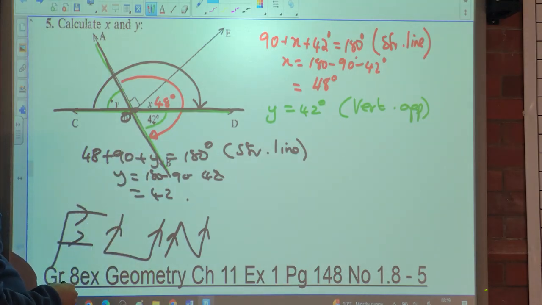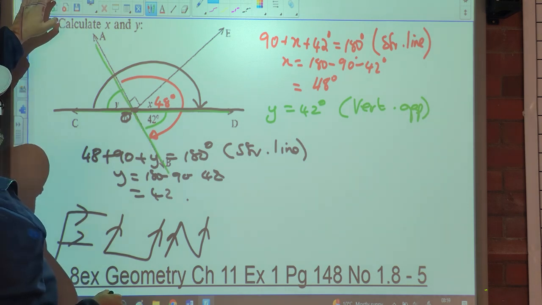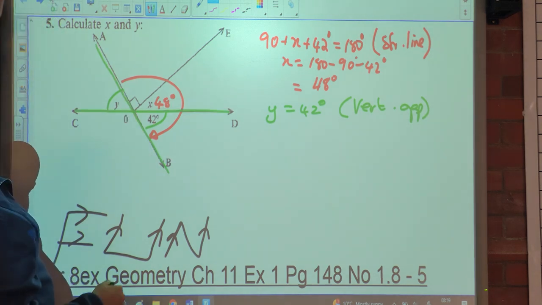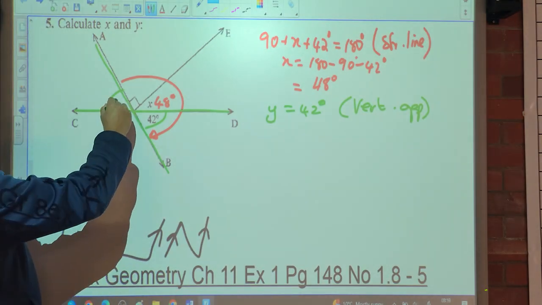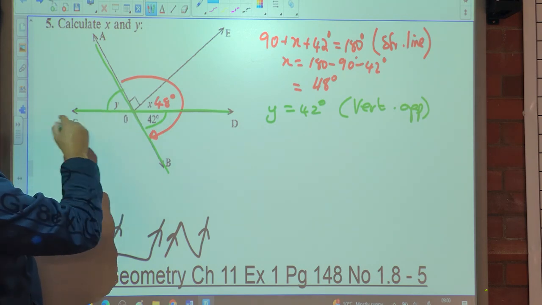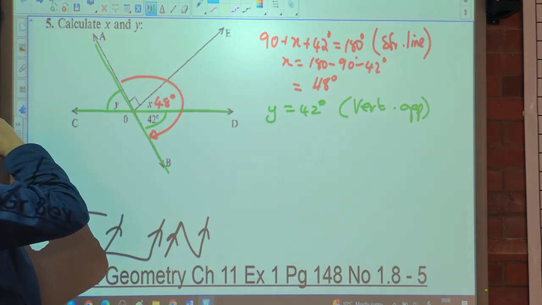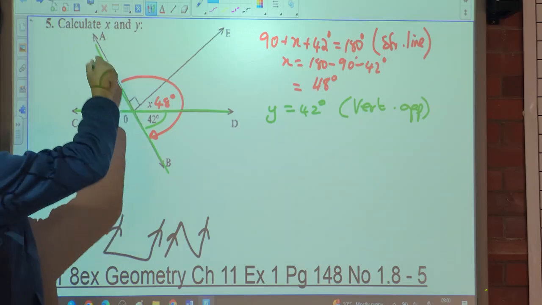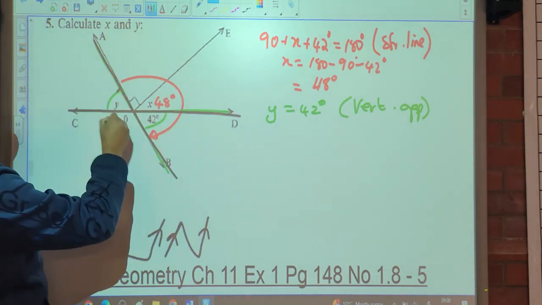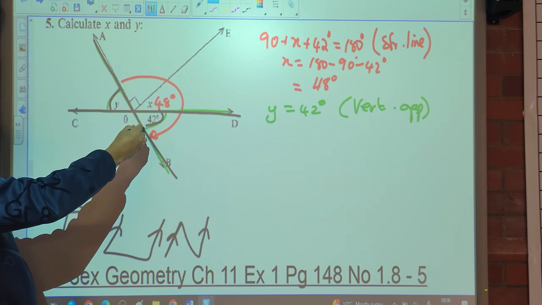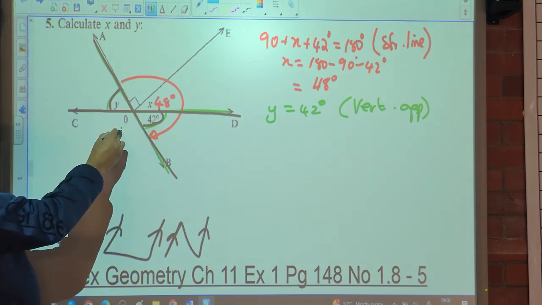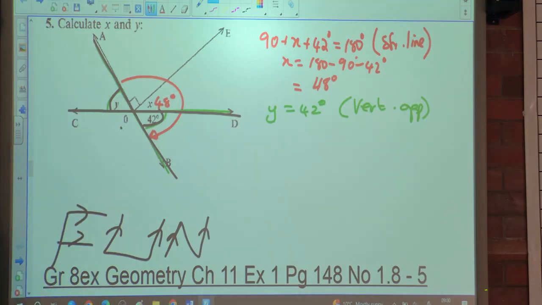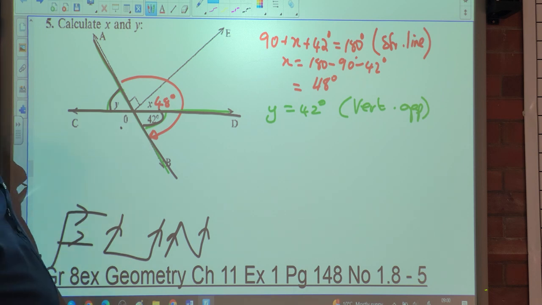Like an X. Just check it cleaner before I say yes or no. So you're saying to calculate y, to be able to do vertically opposite, there must be an X. So that's what I did here. This vertically opposite. Oh. Does O make you confusion? You got it now?